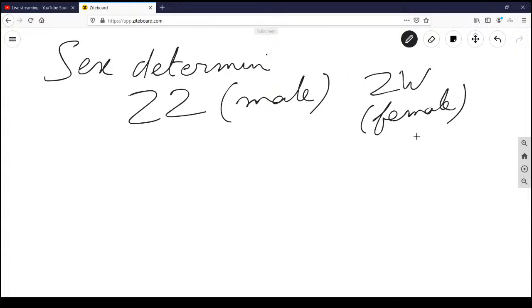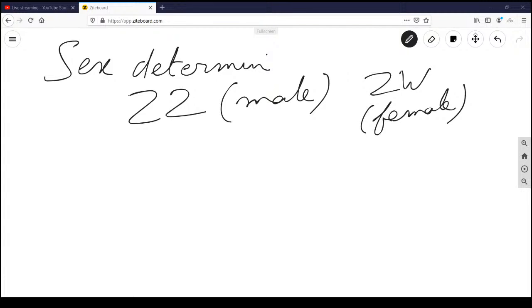Now you have the second option, or let's come to the third option first. X naught as the Turner syndrome. Okay, let's come to the second option: X naught sex determination in case of male sex in grasshopper.